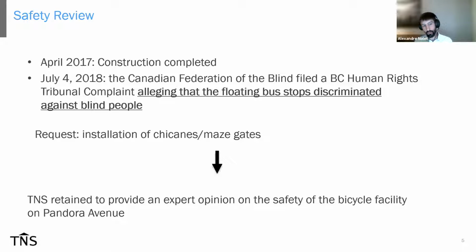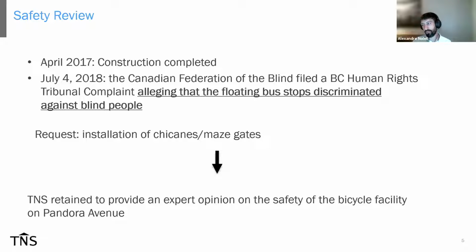Then we were brought in to provide an expert opinion on the safety of the bicycle facility on Pandora, and to also look at the various crosswalks or floating islands. Overall, our safety analysis concluded that changes made on Pandora Avenue significantly improved safety on the corridor.